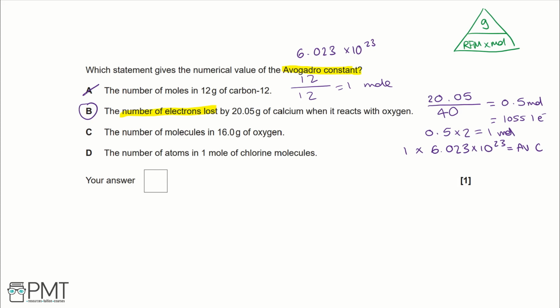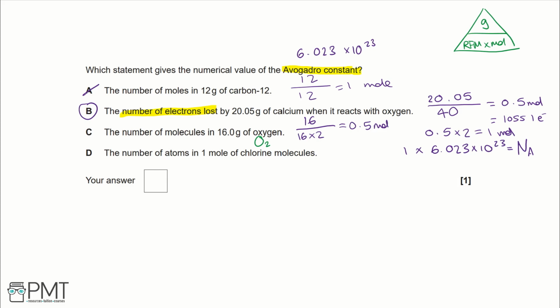So looking at C next, we're again using the equation triangle. We're going to do 16 divided by 16 times 2, because oxygen naturally occurs as O2. So dividing this by 32, we end up getting 0.5 moles.